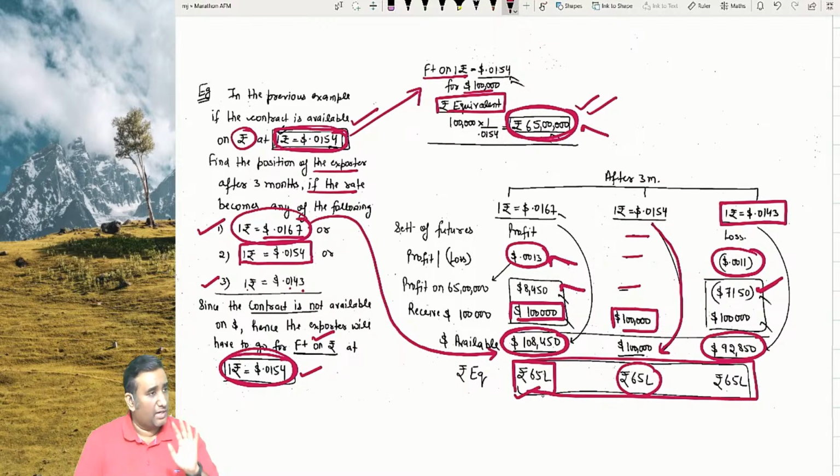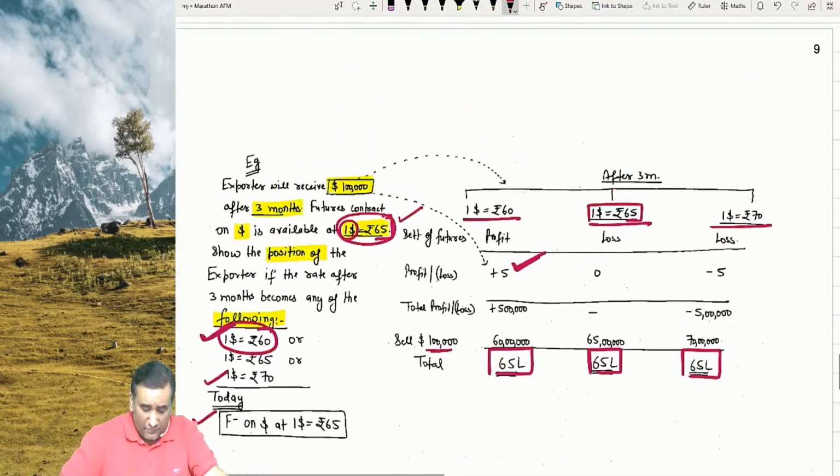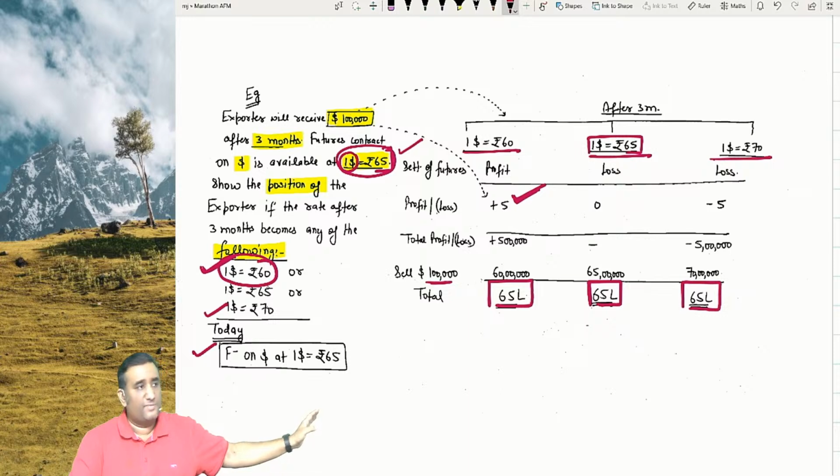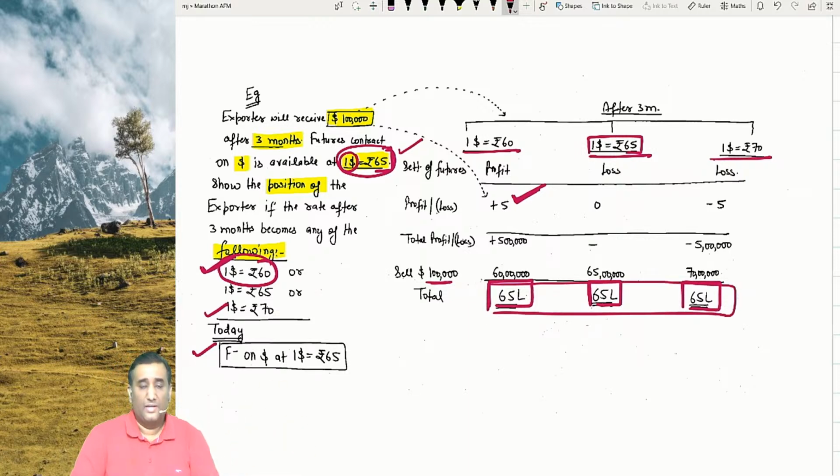When you go back home, try to compare both. That 65 you promised, the price becomes 65 rupees, nothing happens. 65 promised, 70, take away 5. Ultimately it comes to 5. Second case, same rates I have reversed.